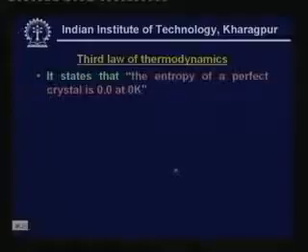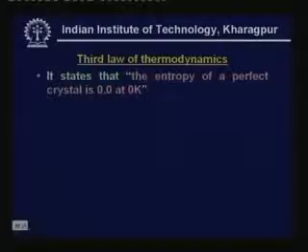Now, let me quickly define the third law of thermodynamics. The third law of thermodynamics states that the entropy of a perfect crystal is 0 at 0 degree Kelvin. That means at absolute 0 temperature, a perfect crystal will have 0 entropy. This actually brings out another aspect of the second law of thermodynamics, namely that of order and disorder. You might have read in thermodynamics that entropy is also a measure of disorder.